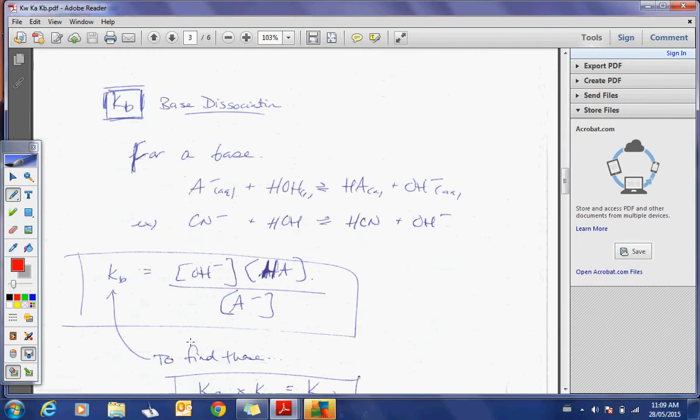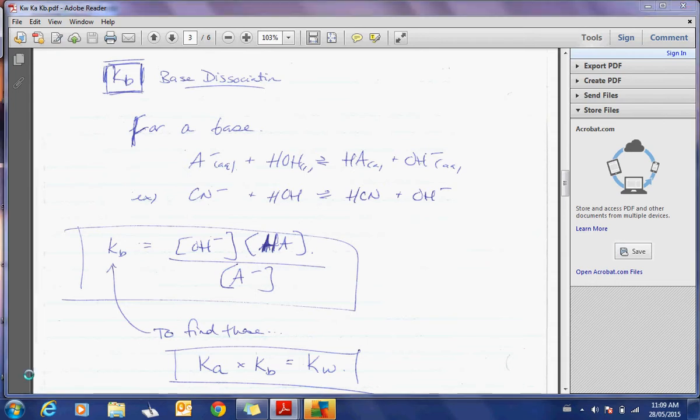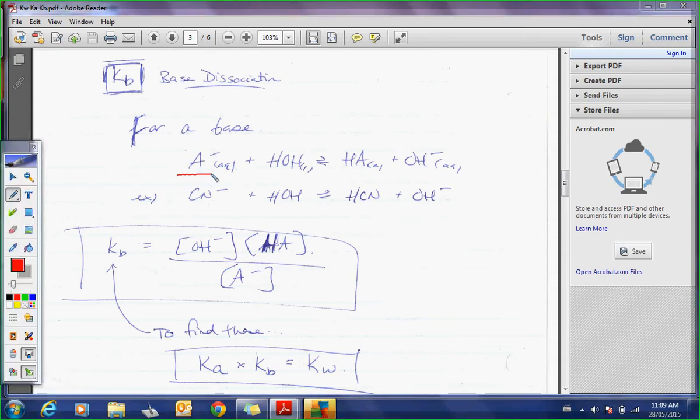All right, and then Kb is kind of the same thing as Ka, really. We take our base, which is easier for us to think of as the A minus. And we see what is that in water. And the water transfers its proton over here. We end up getting our HA and our OH minus. And that's why it's basic, because it has the OH minus there.